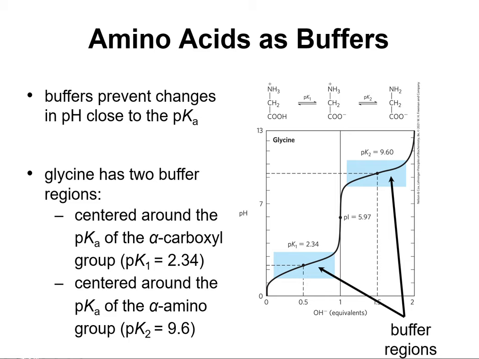So in this case, if you were trying to make a buffer at, say, 7, it's not going to work too well. Okay? So you should be able to look and see, okay, these are my buffering regions. These are the pHs I'd want to be close to, about 2, and somewhere in the ballpark of 10.